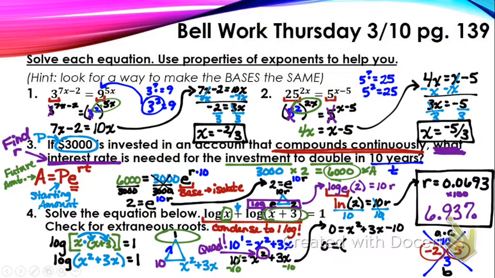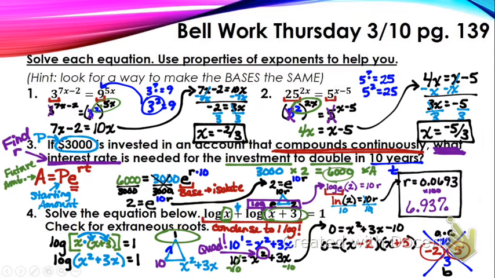0 equals, since I found 2 different numbers, I'm going to have 2 different factors. They both have to start with x. And then I use the 2 numbers that I found. Negative 2, so minus 2. Positive 5, so plus 5. And what do I do with each of those factors now that I've found them?